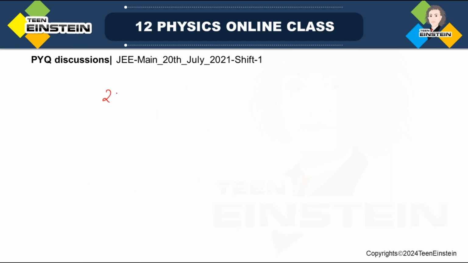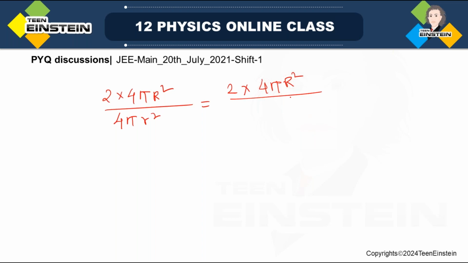Before and after, 2 into 4 pi capital R square divided by 4 pi small r square. Here 4 pi 2 to the power 1/3 square R square. This R square, this R square, even 4 pi cancel each other. So here it is actually 2 to the power 1 minus 2 by 3, divided by 1.